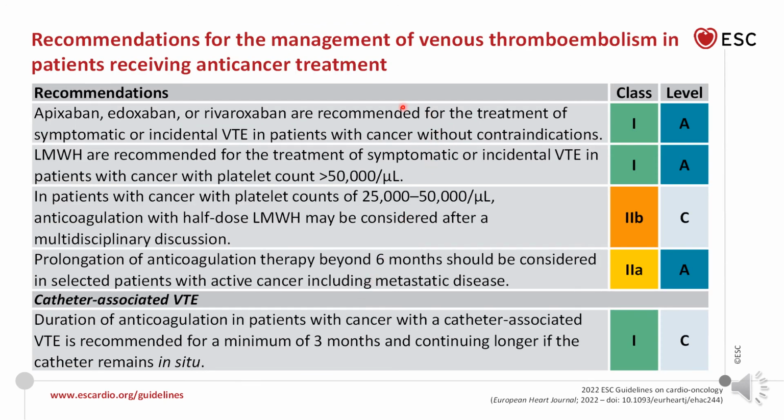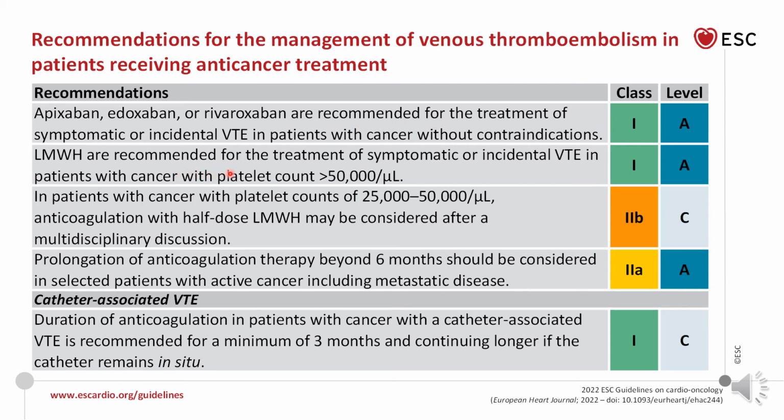What if our patient has already developed a thromboembolic event like DVT or pulmonary embolism? What is the anticoagulation option? Apixaban, edoxaban, or rivaroxaban are recommended for treatment of symptomatic or incidental venous thromboembolism in cancer patients without a contraindication. Contraindications, as we said before, are GIT or genitourinary tract malignancy or a platelet count below 50,000.